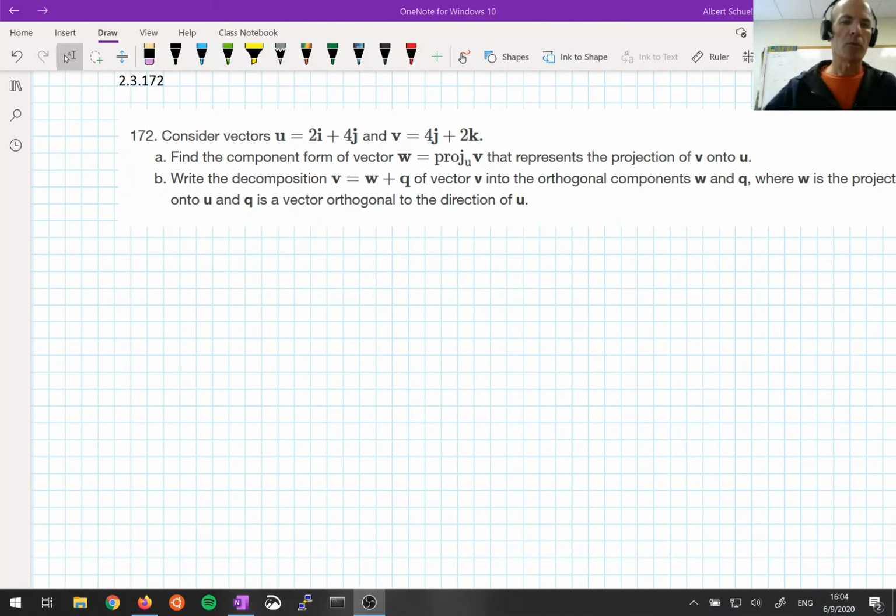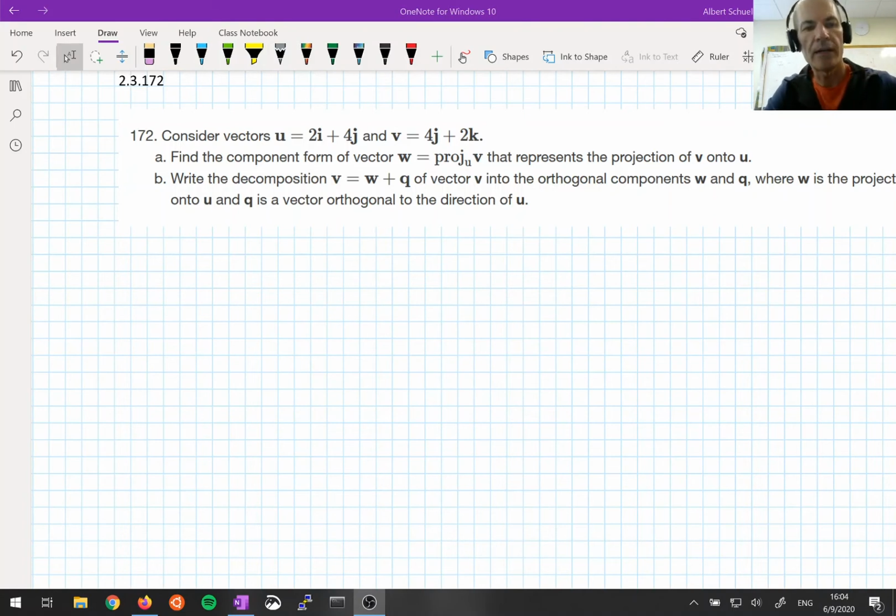Okay, let's look at problem 172. You're given a couple of vectors in terms of the standard unit normal vectors i, j, and k. We're going to find the component form of the vector w, that is the projection of v onto u. And then we're also going to write v as a decomposition of two vectors, w, which we computed in the first part, and q, which will turn out to be orthogonal to w.